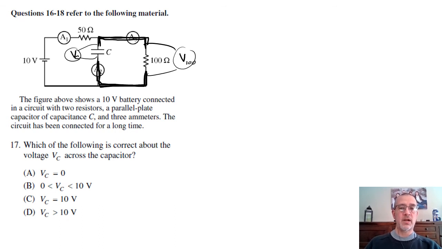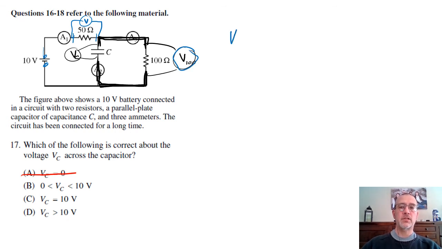So now, which is correct about the voltage across the capacitor? Well, it's not going to equal 0, so I know that answer A is going to be wrong. Now it's saying that the voltage of the capacitor is somewhere between 0 and 10 volts. Now, you can see if I started at the top of the battery, then I'll be at 10 volts. The bottom of the battery, say, is at 0. Well, that voltage is going to drop across the 50 ohm resistor. So if I had a voltmeter there, it's going to read part of that. And then the rest of the voltage is going to drop across the 100 ohm resistor.